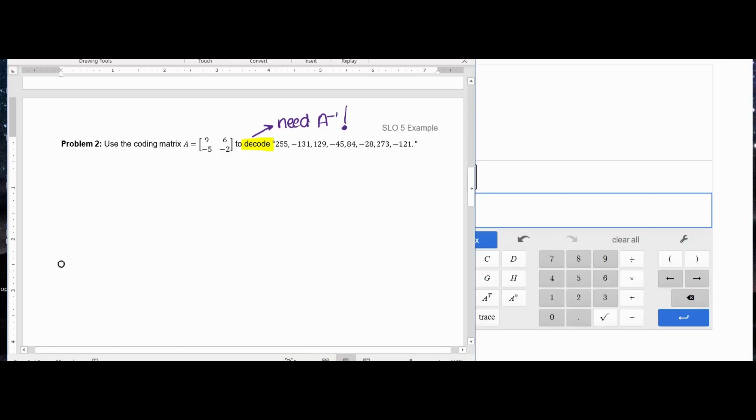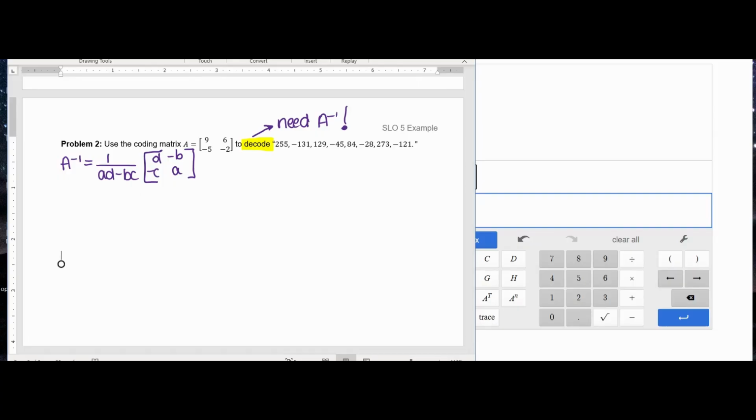But whenever we're decoding, we need A inverse. Remember, we have the formula for a 2 by 2 inverse. We have 1 all over AD minus BC times our crazy matrix, where D and A flip-flop, and we negate on the back diagonal. So change the signs on the back diagonal.